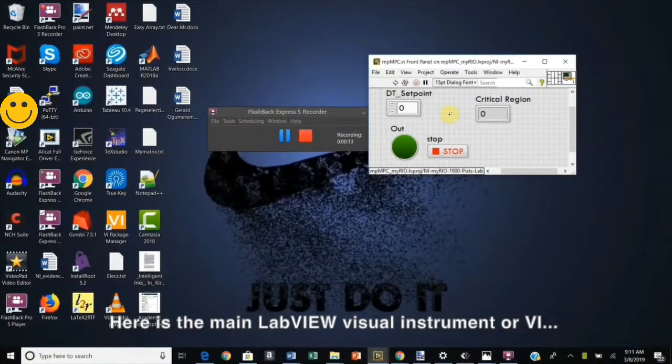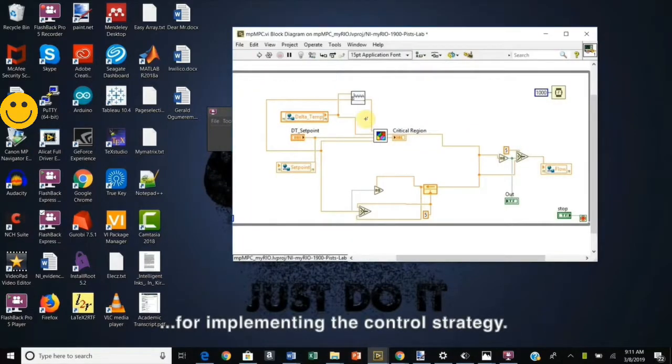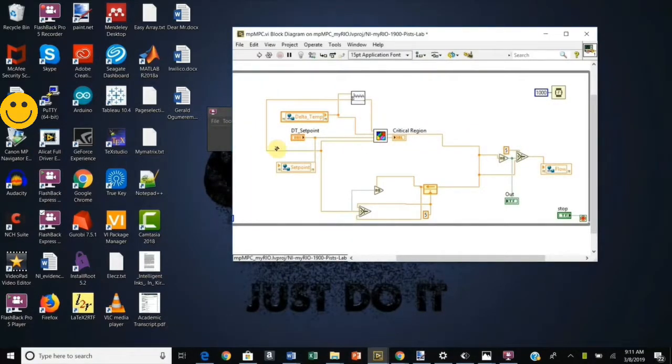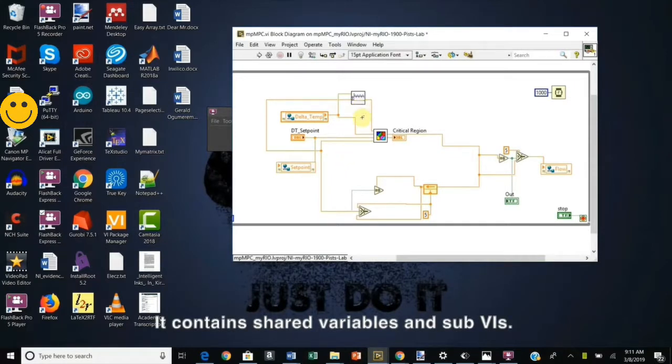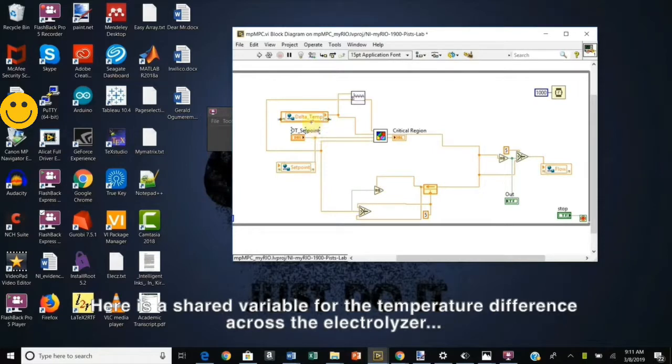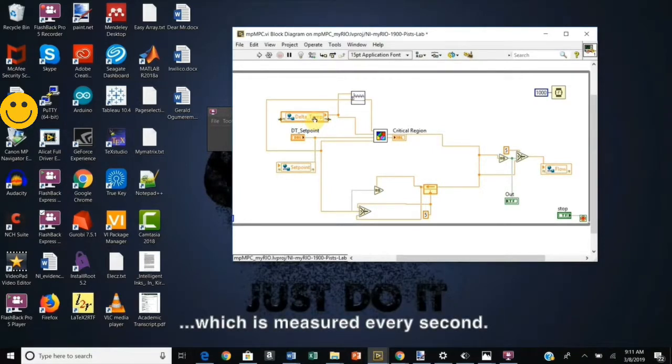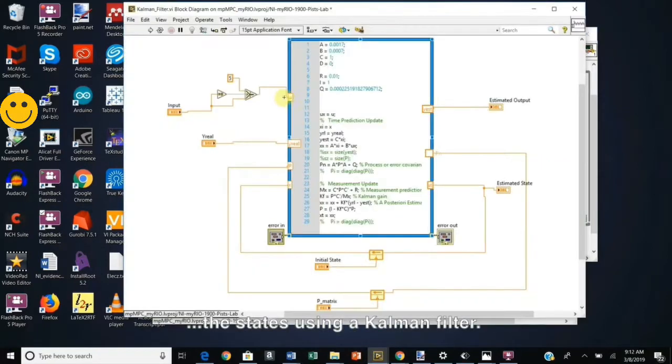Here is the main LabVIEW virtual instrument or VI for implementing the control strategy. It contains shared variables and sub-VIs. Here is a shared variable for temperature difference across the electrolyzer, which is measured every second. The measurements are also used to estimate the state using a Kalman filter.